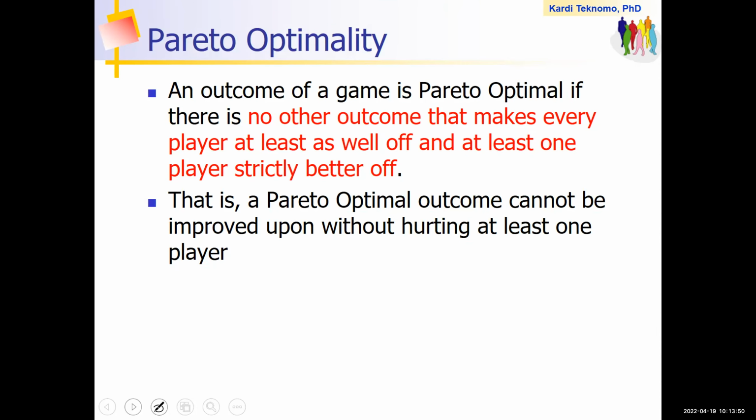What is Pareto optimal? So the outcome of a game is Pareto optimal if there is no other outcome that makes every player at least as well off, or at least one player slightly better off. So that means Pareto optimal outcomes cannot be improved upon without hurting at least one other player.